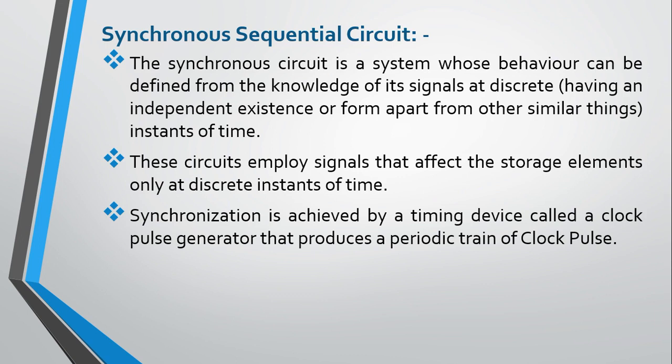With a sequential circuit you are able to store the output of the previous signal inside the flip-flop. The flip-flop contains a clock which is responsible for generating clock pulses, and based on the clock pulse the synchronization occurs. So there are two types of sequential circuit also: asynchronous and synchronous.